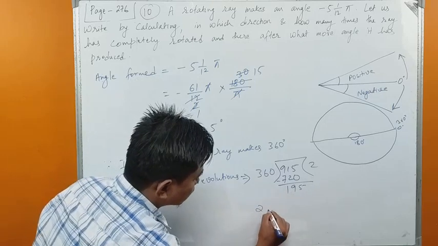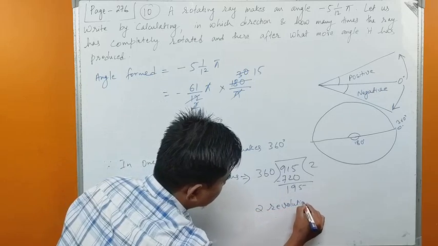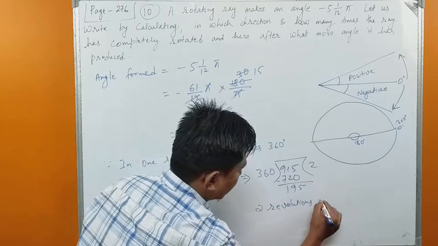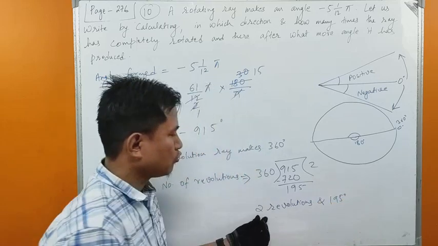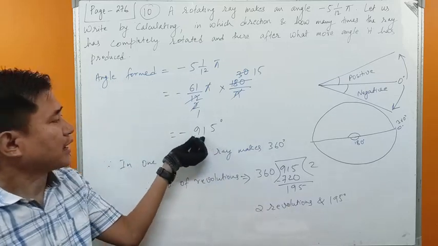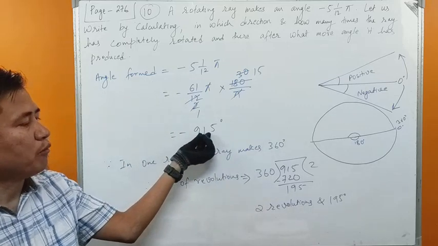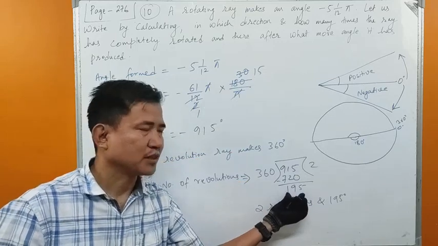So 2 revolutions and 195 more degrees. When the ray makes an angle of 915 degrees, how many revolutions did it make? 2 revolutions, and a further 195 degrees as the remainder.